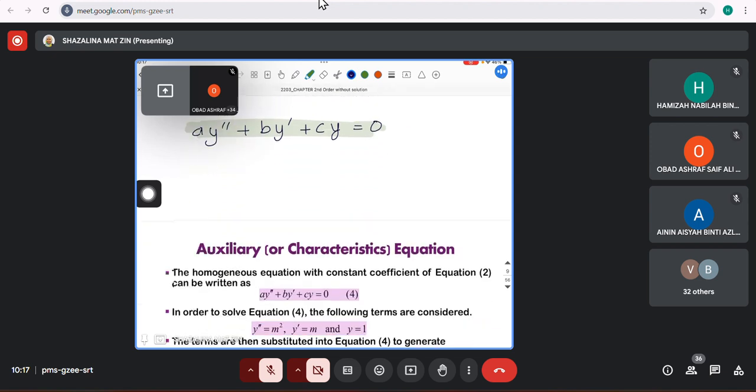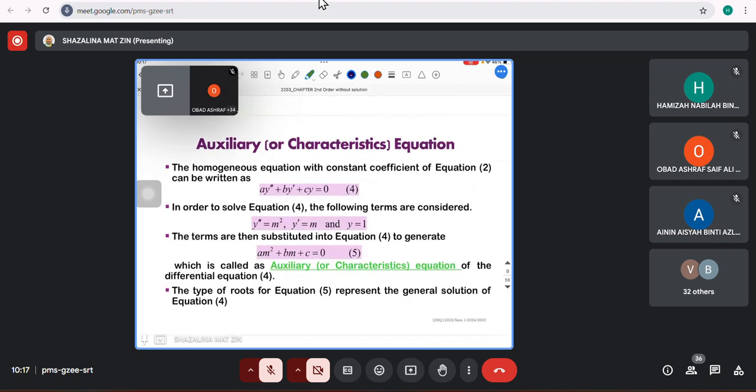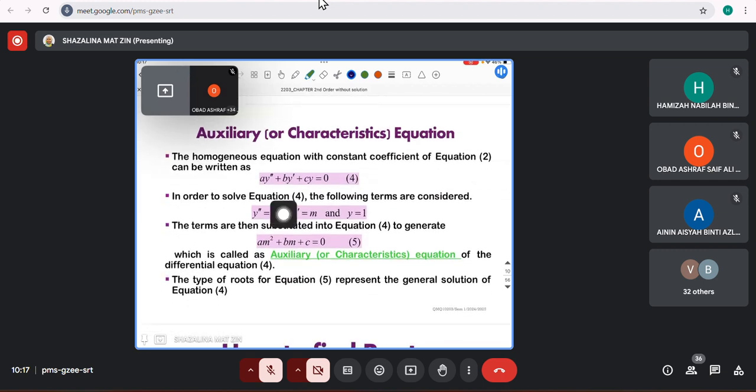Alright. In order to solve the homogeneous equation, the following terms are considered. Y double prime must be substituted as m squared, y prime must be substituted as m, and y is substituted as 1.